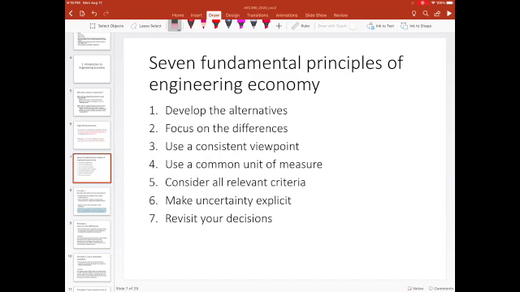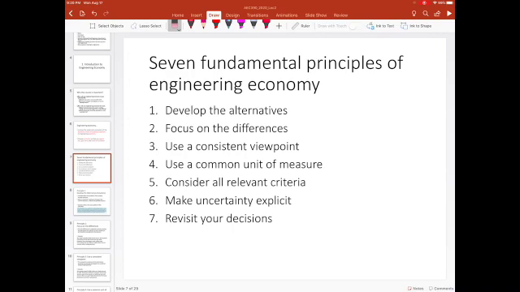Basically, all the steps you're going to follow in these different analyses are based on this. This is the foundation of all the calculations and estimations we're going to do. There are 7 of them. The first one is develop the alternatives.